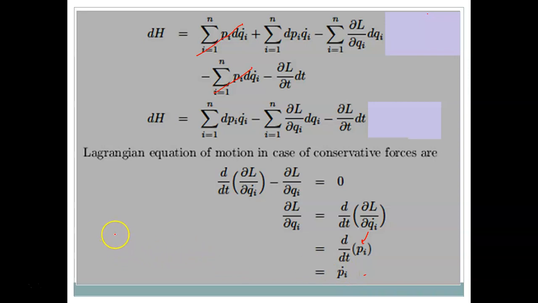So we have obtained that pi dot is equal to del L over del qi. This is the main point you have obtained, so we can use it in this expression.